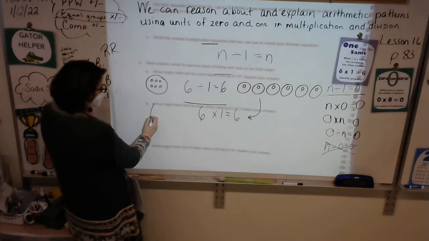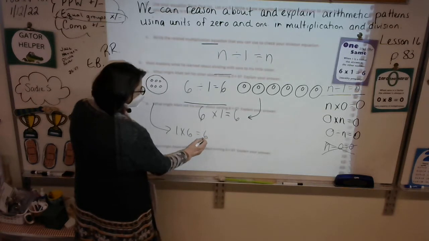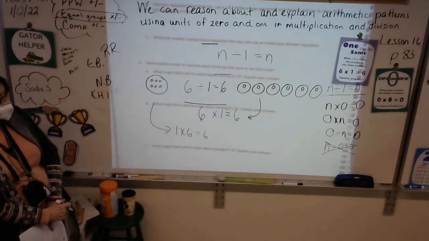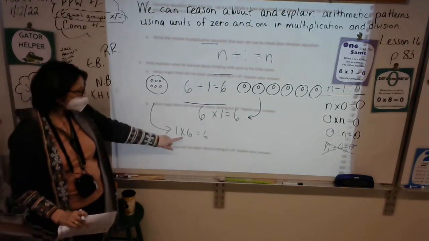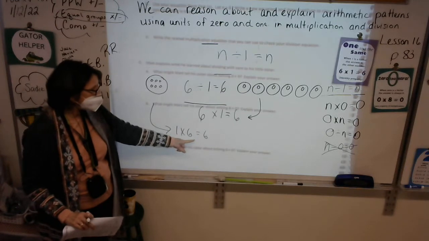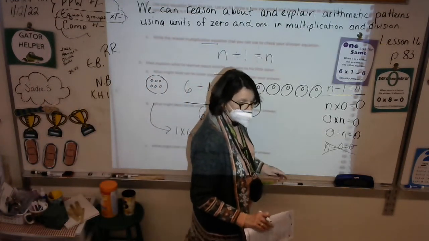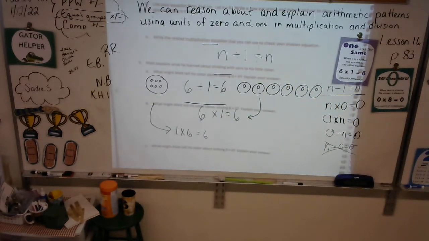It would be 1 times 6 equals 6. Does everybody see how both of those show this? This is 1 equal group of 6 equals 6. This is 6 equal groups of 1 equals 6. Please draw both of those. Remember, boys and girls, if I'm doing something on the board, it's probably a good idea for you to do it in your workbooks as well.